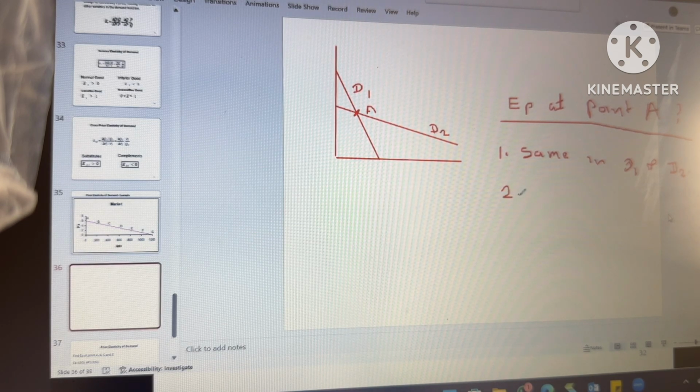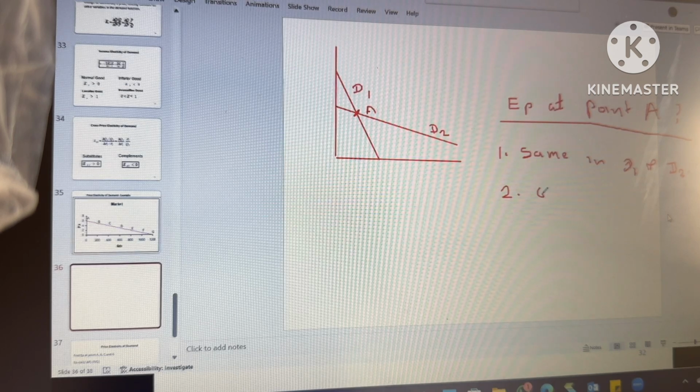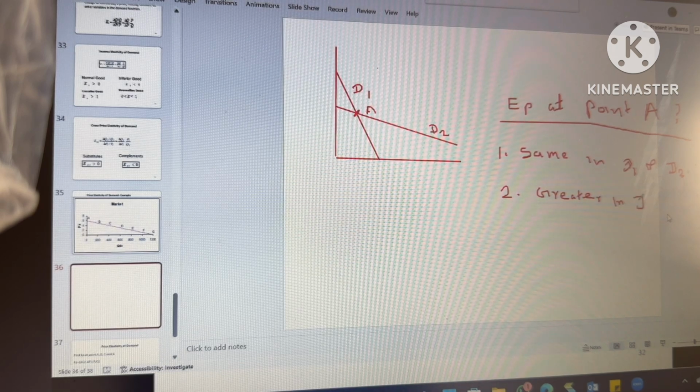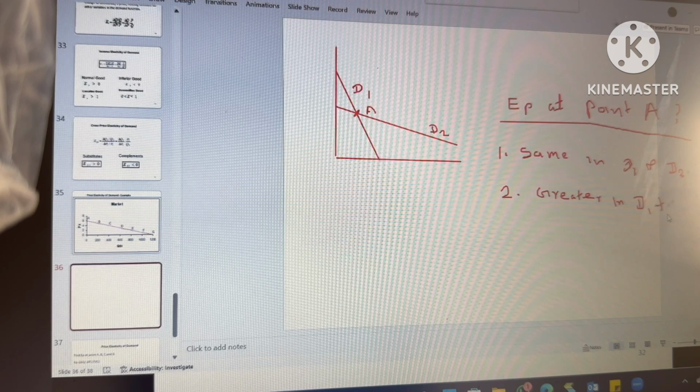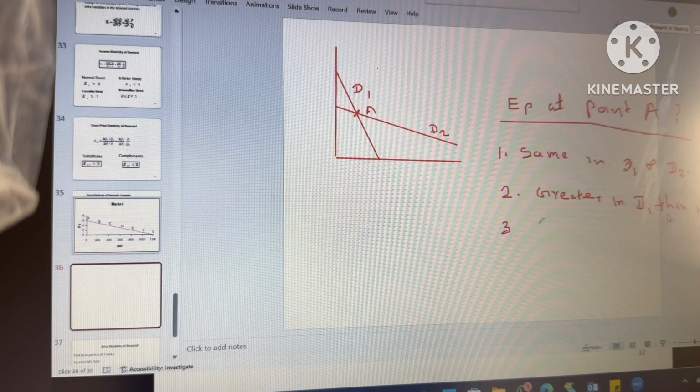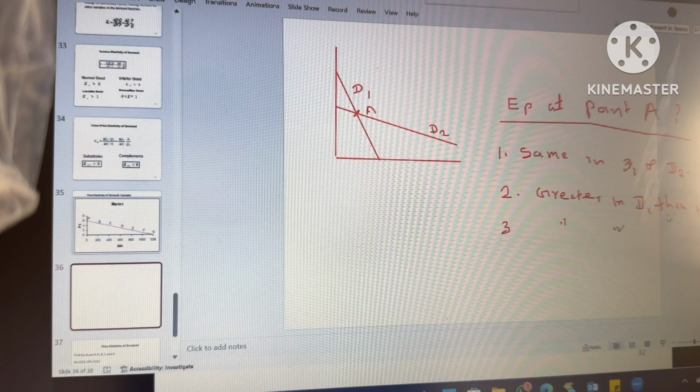Number 2, greater in D1 than in D2. Number 3, greater in D2, opposite, than in D1.